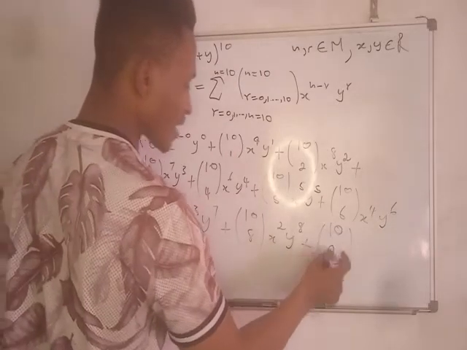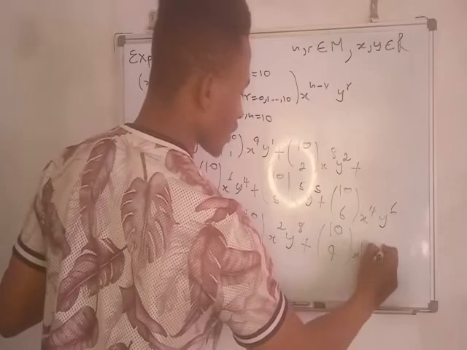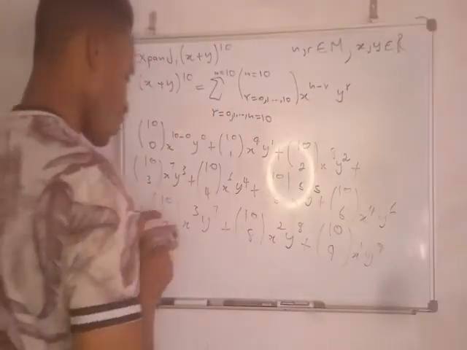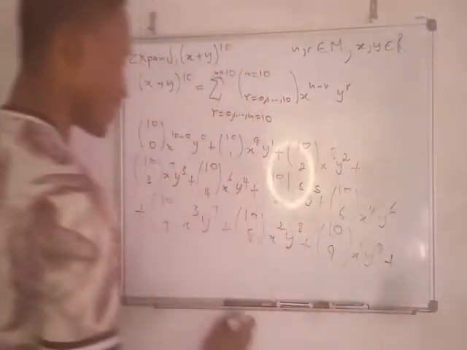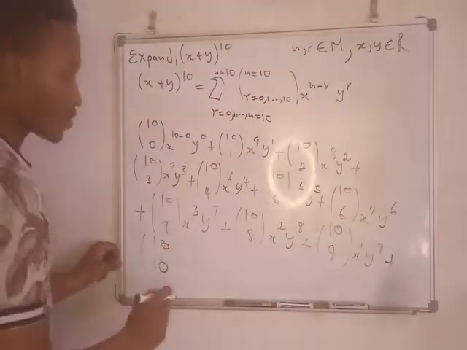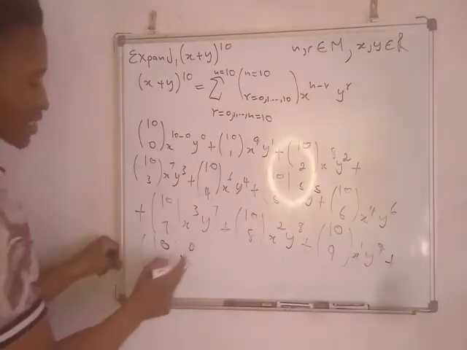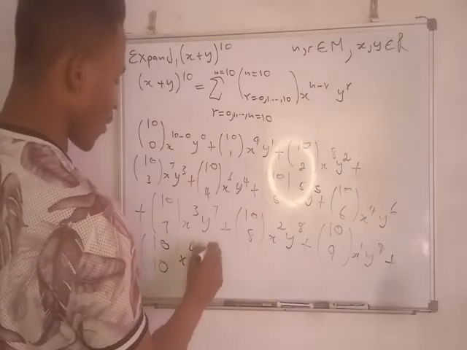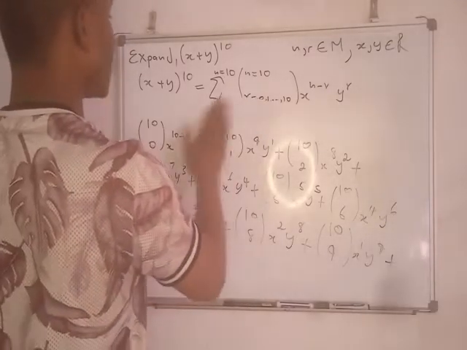Then 10 minus 9 is just x to the exponent 1, but y to the exponent 9. So we're going to add 10 combination 10. So x is just to the 0, because 10 minus 10 is 0, and then y to the power 10. So this is how it is.